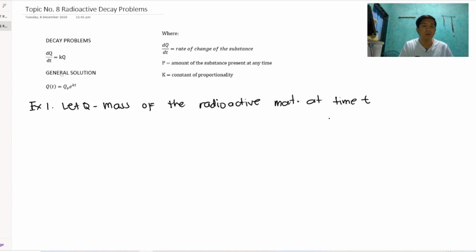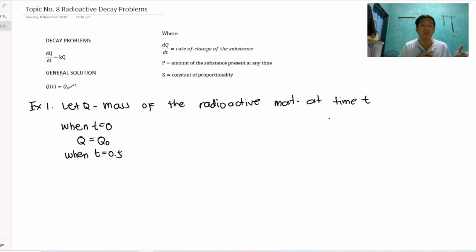Okay? So, when T is equal to 0.5, because it says here the material has a half-life of 30 minutes, if we convert it into hours, it becomes 0.5. So, after 30 minutes, it will have reached its half-life.